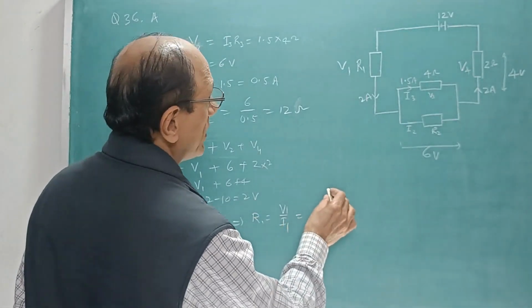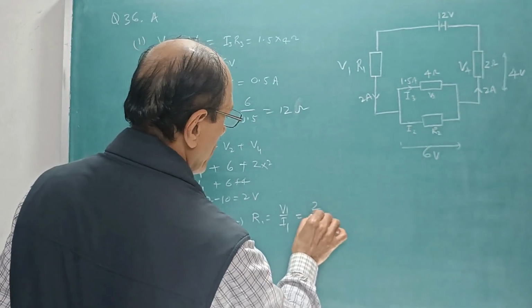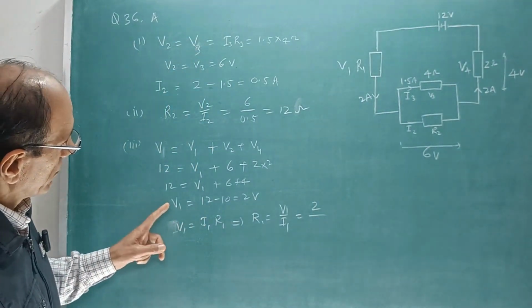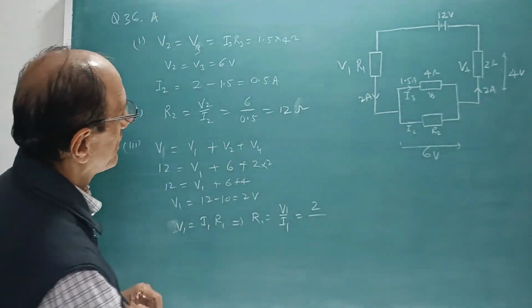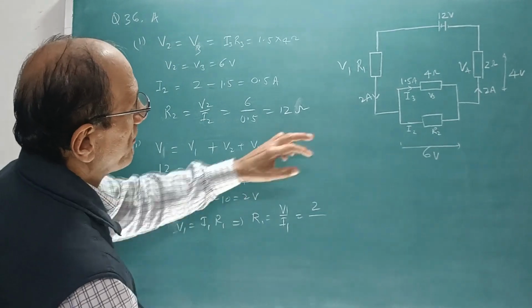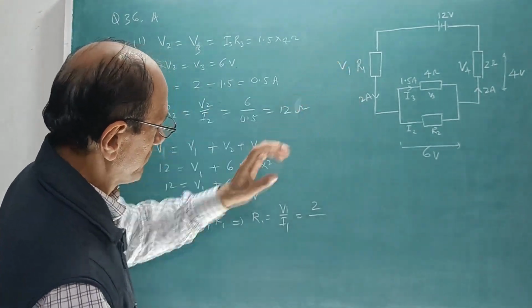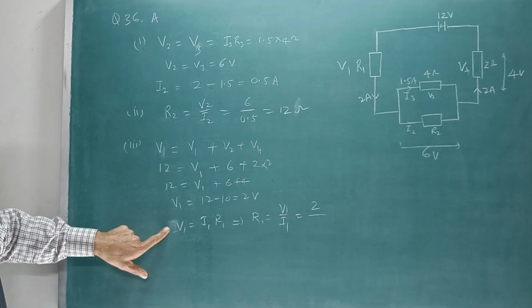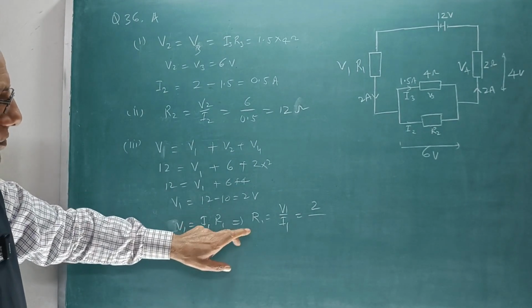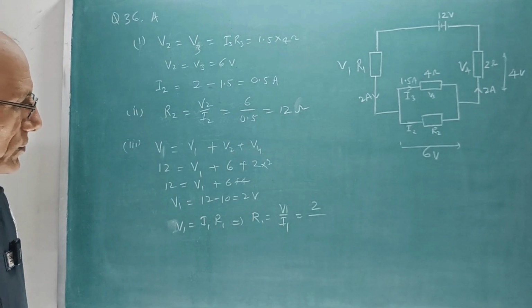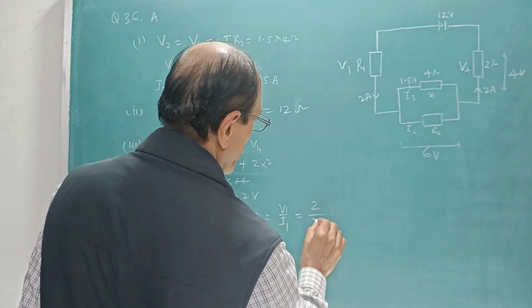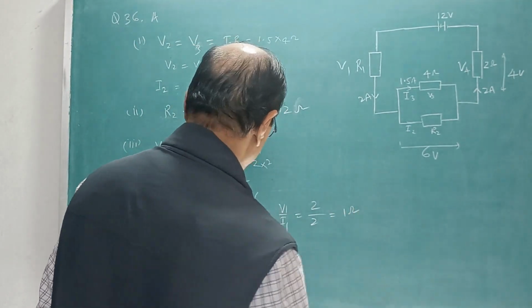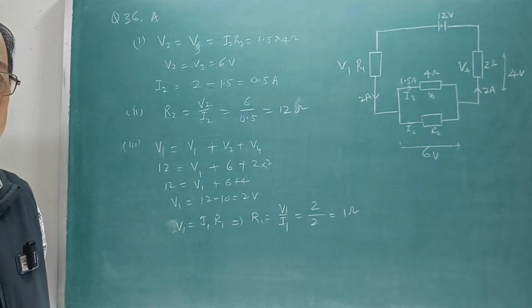And V1 we have just calculated, 2 volt, and I1 is 2 ampere. So V1 is 2 volt and I1 is 2, that is 1 ohm. So this R1 is 1 ohm.